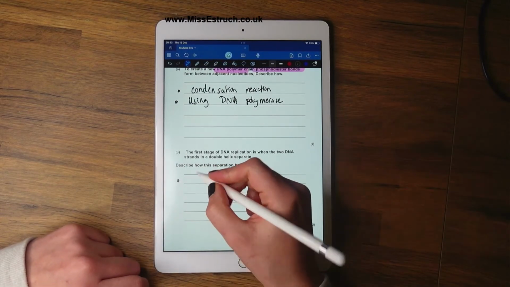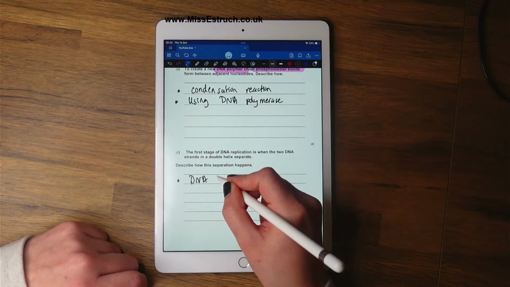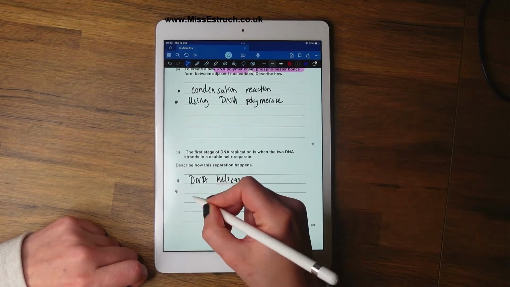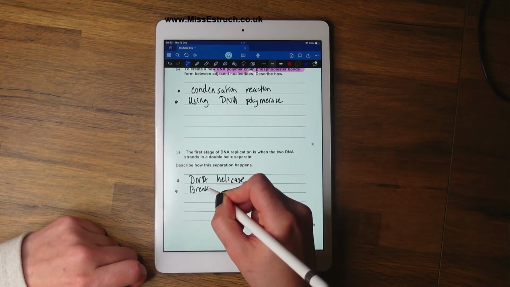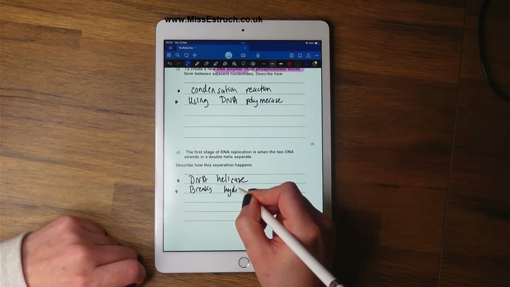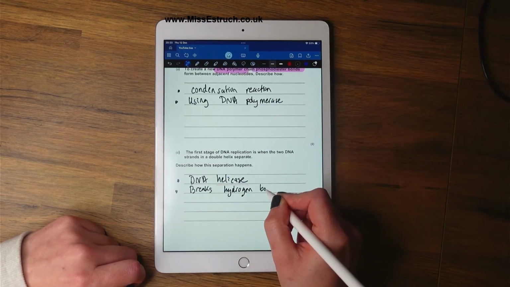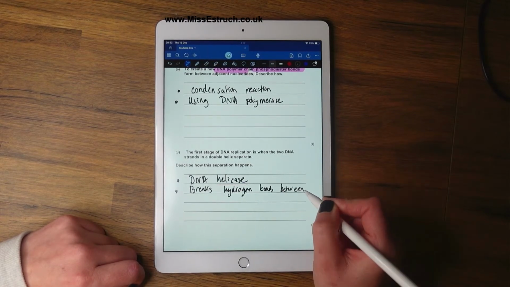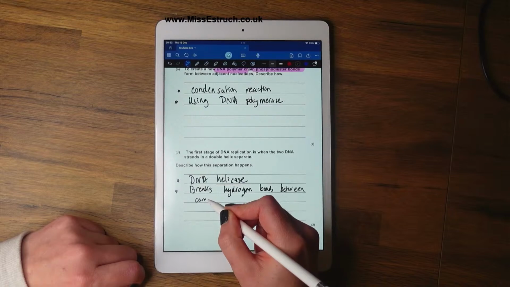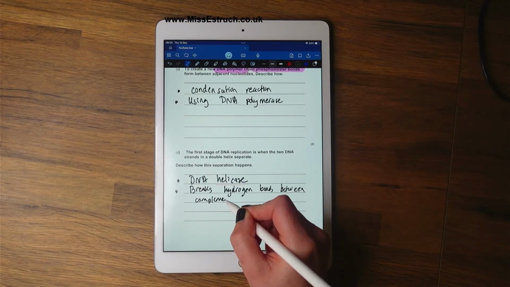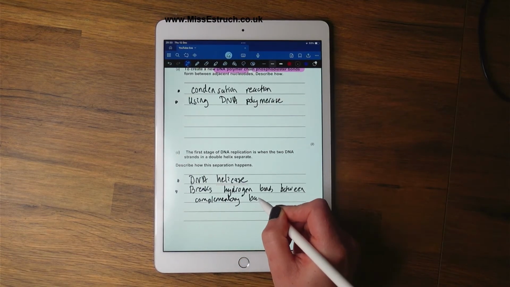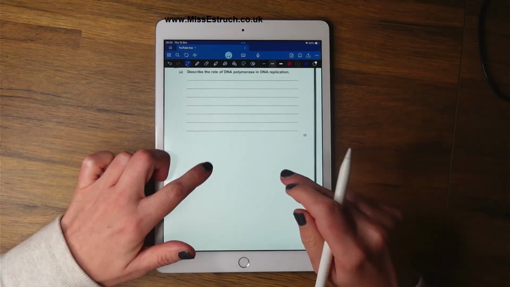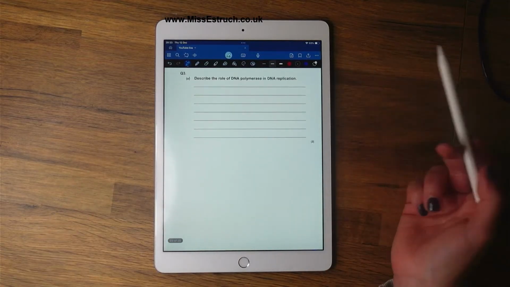So this time it's going to be DNA helicase involved, and I'm going to say it breaks hydrogen bonds between the complementary bases. There we go.